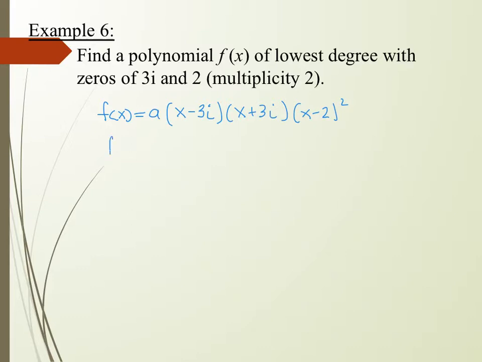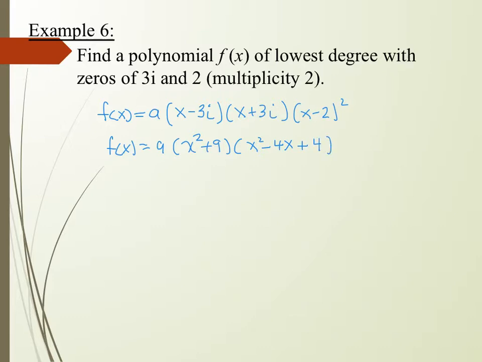Now we can continue on. We can expand this. We can get a times x squared plus 9, and then we have x squared minus 4x plus 4.